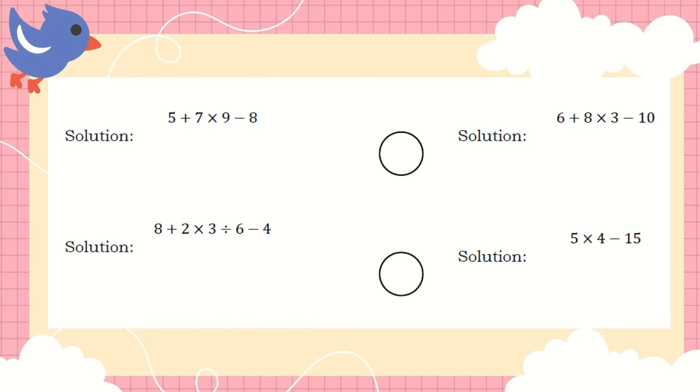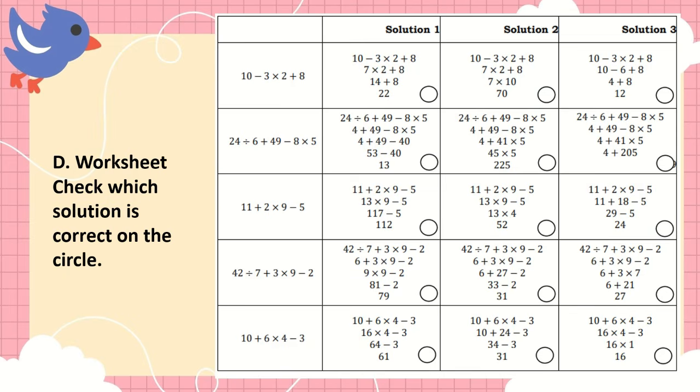Next, items. For letter D, worksheet, check which solution is correct on the circle. We have solution 1, solution 2, and solution 3.